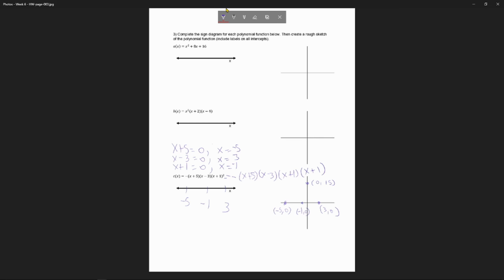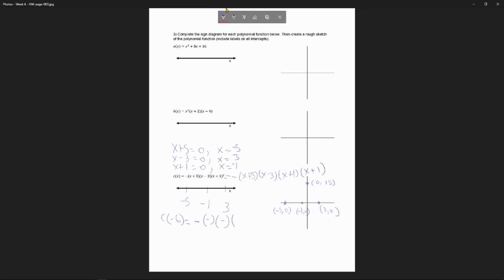So next we have to find out whether the y values are going to be positive or negative on the right or left side of these points. So let's start on the left side. We have negative 5. So on the left side of negative 5, we just take a value that's smaller than that. So we'll just do negative 6. C of negative 6, and we'll have a negative sign on the outside. If we plug in negative 6 into x plus 5, we'll have a negative 1. So that'll give us a negative term, and we're multiplying that times negative 6 minus 3, which would be another negative term.